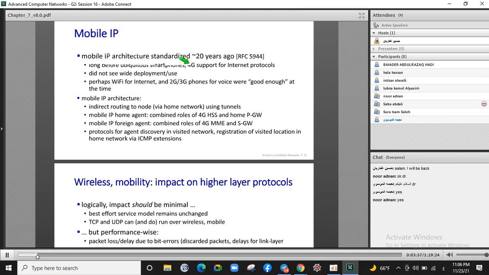They just used phone calls. And Wi-Fi is a local networking technology. So during this time, we never had enough interest in using the mobile IP protocol.